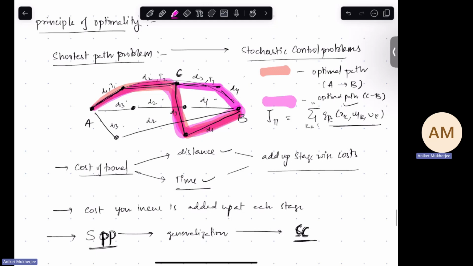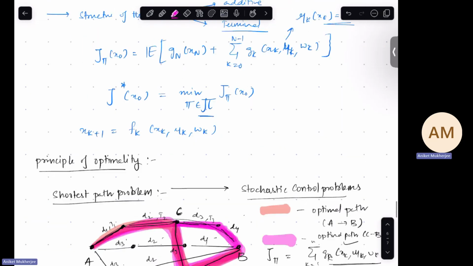If you know your optimal path, then the optimal path of the sub problem would also be the sub part of your optimal path for the total number of decision points. Because if this is your optimal path for the sub problem, then you would have better policies that you could choose. So this is your principle of optimality.